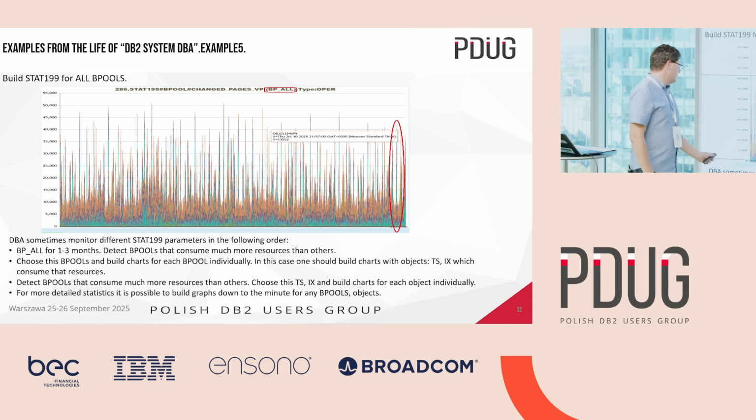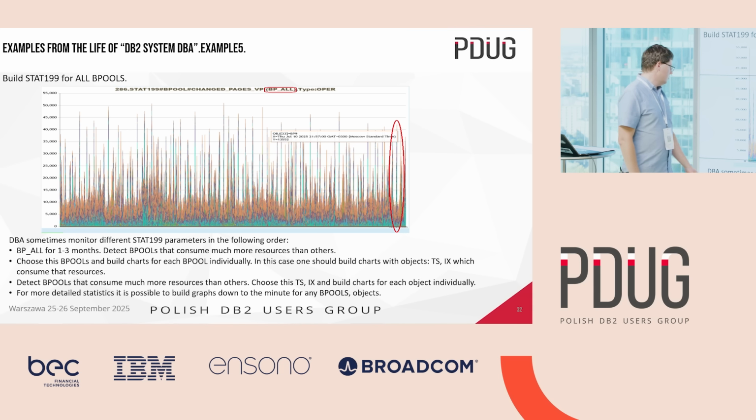DBAs sometimes monitor different parameters in the following order. Look at buffer pools over 3 months, detect buffer pools that consume much more resources than others, choose these buffer pools, and build charts for each buffer pool individually.